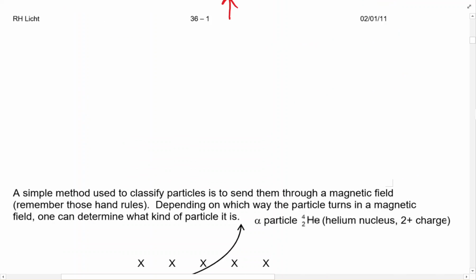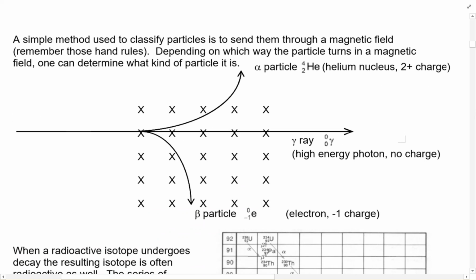All right. So how can we figure out what's being emitted? Well, we've done this in the past in other units, in our magnetism unit, where if you shoot a charged particle, we're back to hand rules, right? So imagine you've got some particle and you don't know what it is, and it's traveling this way. If you're using your hand rule, your fingers would be pointed into the board or into the paper, because the X is there.